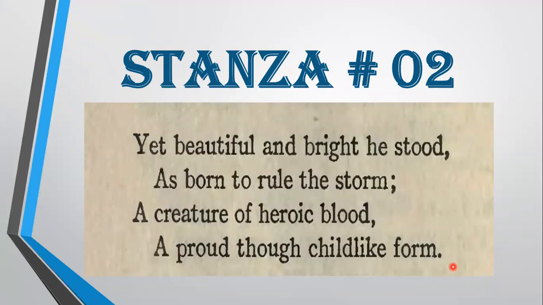That the fire was taking over all the places of the ship. वो जो आग थी वो इतनी ज्यादा थी, इतने शोले उसके लंबे लंबे बड़े शोले थे, इतने हाई फ्लेम्स ऑफ फायर थे कि हर चीज जो है वो उस आग की लपेट में आ रही थी. बट that 12 years old boy was standing so beautifully and brightly as born to rule the storm. ऐसा लगता था कि जैसे ये पैदा ही इन तूफानों का सामना करने के लिए हुआ है.